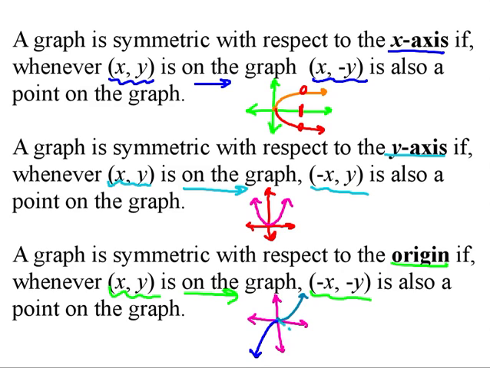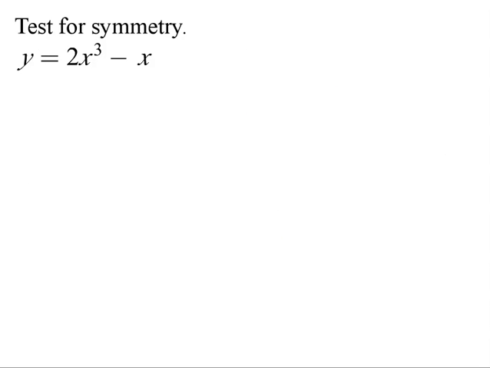All right, so now we're going to look at how you can test for symmetry without even graphing. So how do you algebraically test for symmetry? And we're going to look at two examples today. Okay, the first thing we're going to do is replace x with negative x.